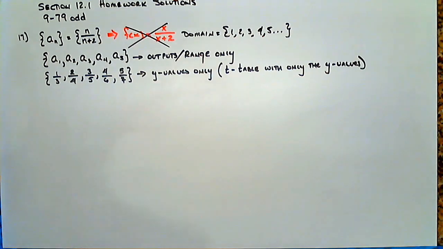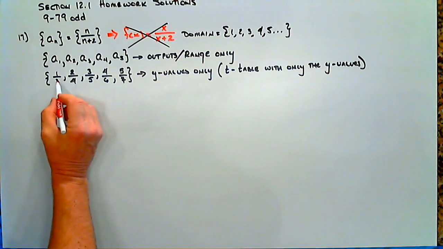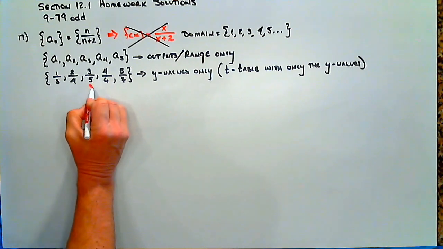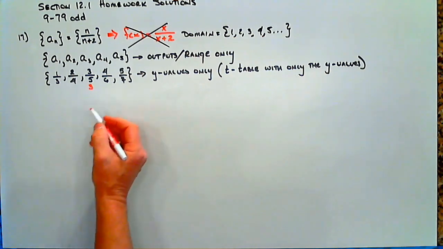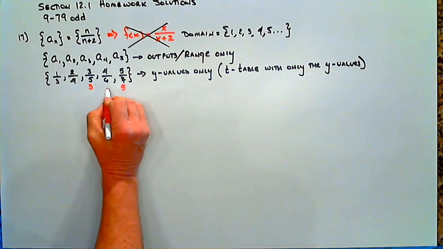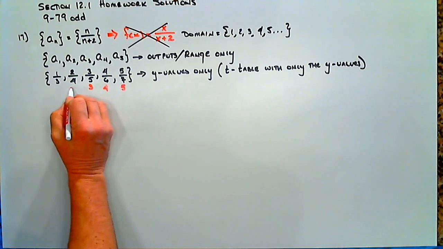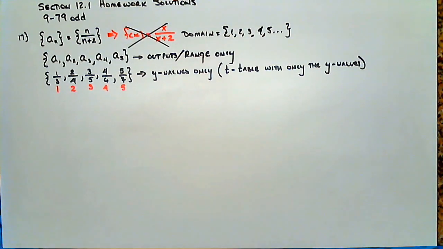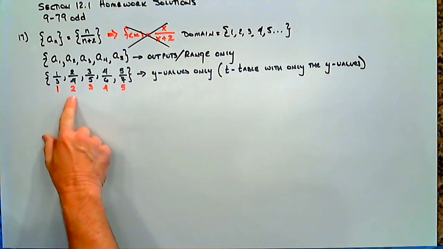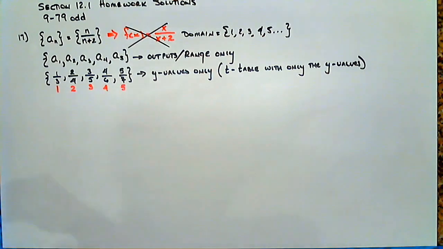We don't write the x values because you and I know, hey, wait, that's the third one in the list, so I plugged in x is 3. We don't put our domain in. We know that's the fifth one, so our domain element there was 5. Our domain element here is 4, here is 2, here is 1. We don't write them down as ordered pairs. Why waste the time of writing them down as ordered pairs when we all know they go in order? 1, 2, 3, 4, 5. Okay? So that's how you do problem 17. What about something like problem 25?